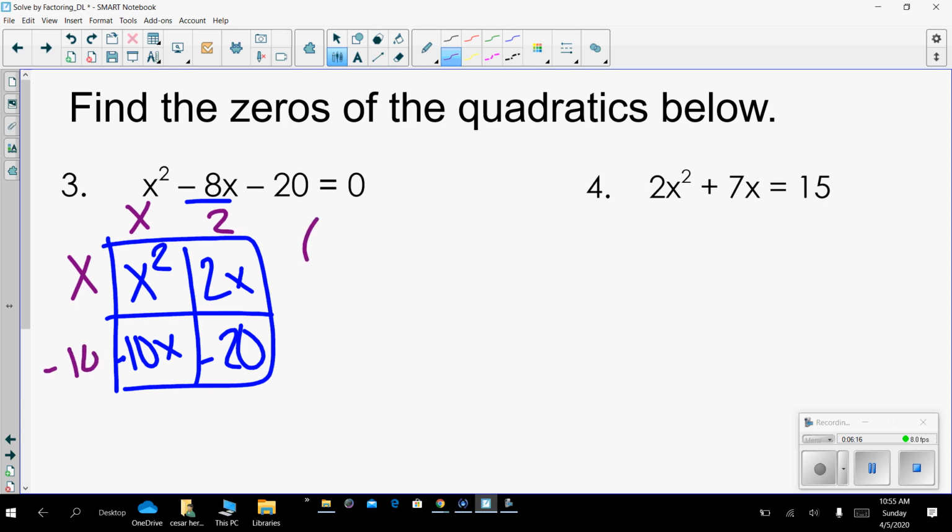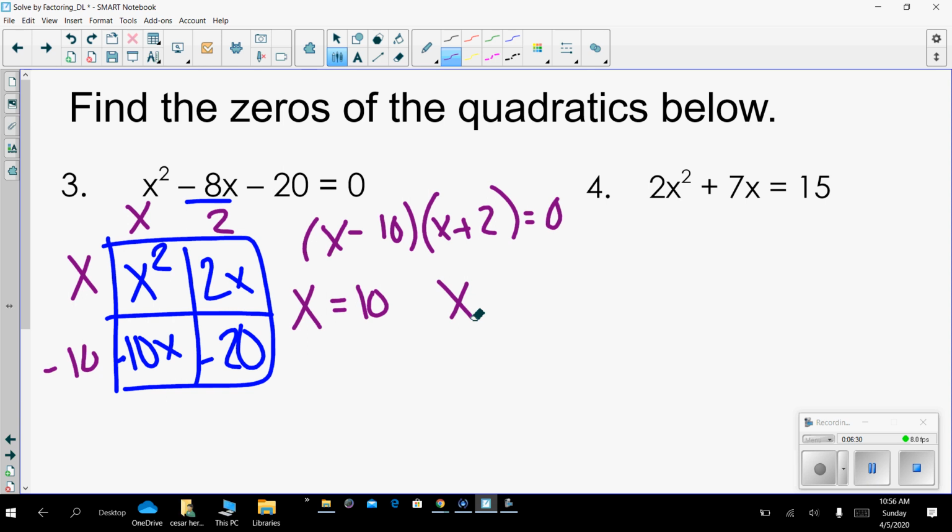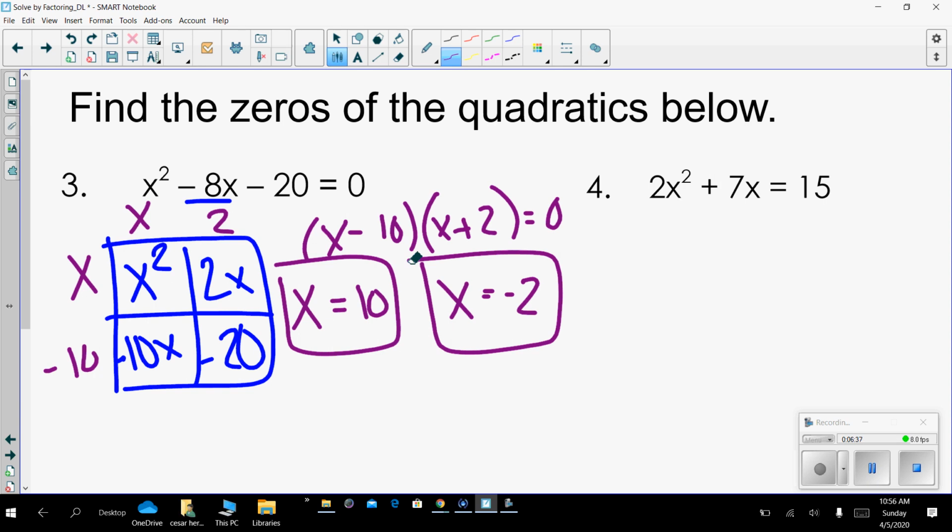So my two factors are x minus 10 and x plus 2 is equal to 0. So then this is going to be x equal to 10, and x is equal to -2. Again, when we solve and equal them to 0, and we're solving for x, then we get the opposite sign.